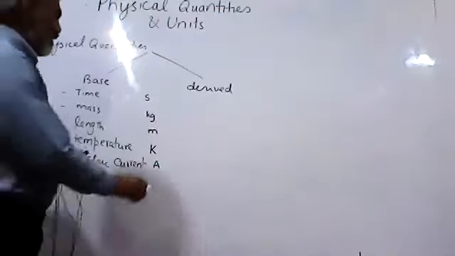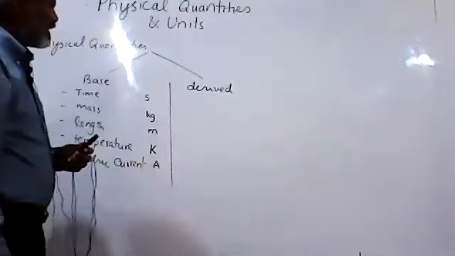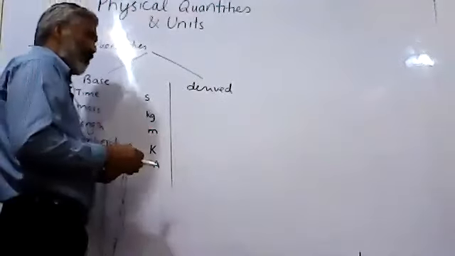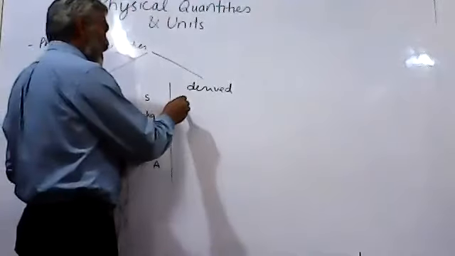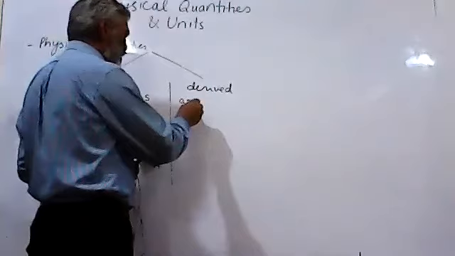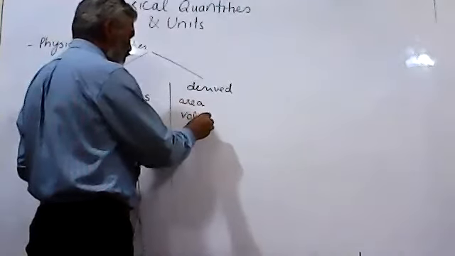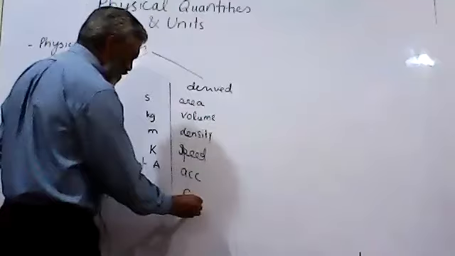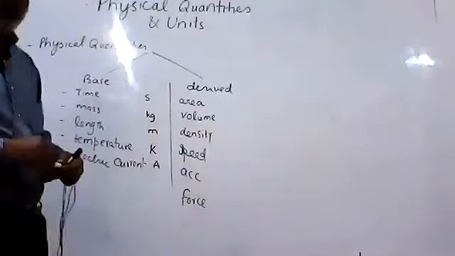And with this background, we discussed various derived units, and we learned how to express these derived units in terms of base quantities. There are several derived quantities, starting from area, volume, density, speed, acceleration, force, pressure, work, energy, and so on.